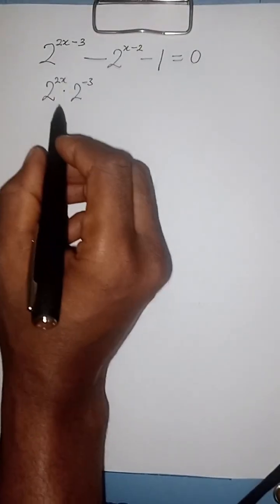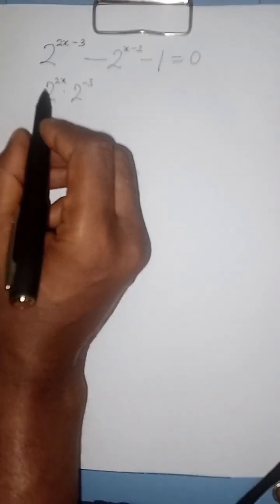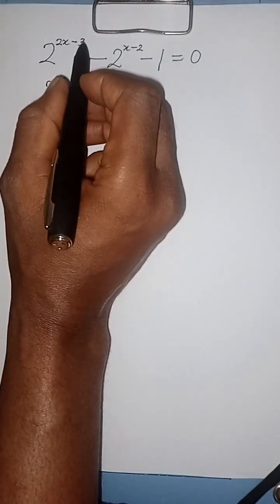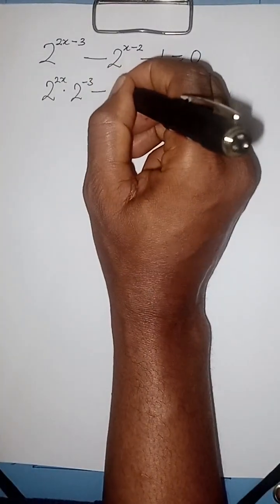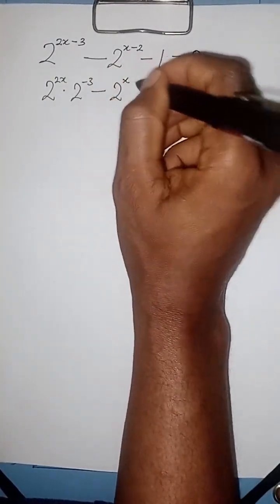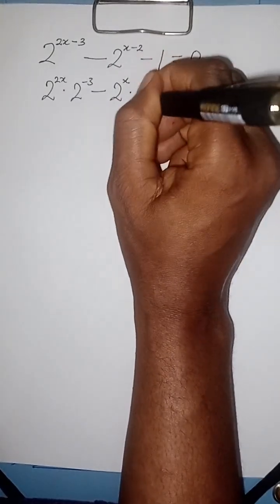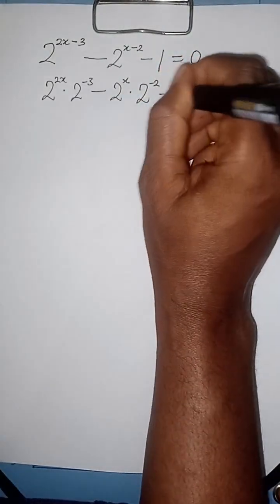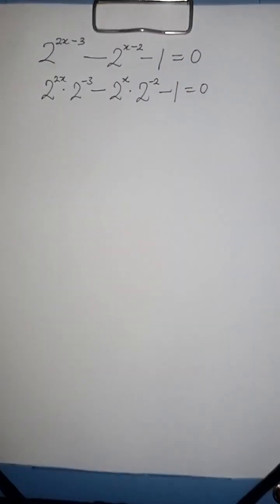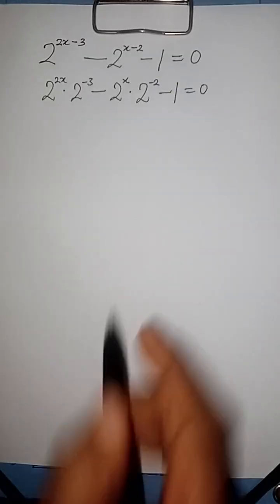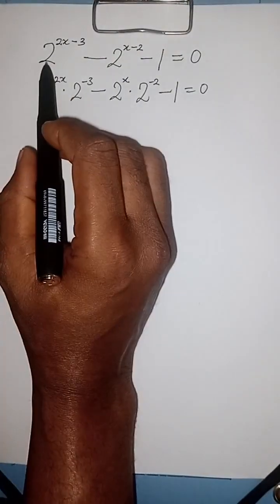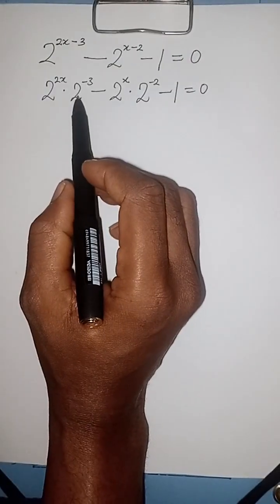That's the law of indices. The law of indices brought these together to give you this: 2 raised to the power 2x multiplied by 2 raised to the power minus 3, minus 2 raised to the power x multiplied by 2 raised to the power minus 2, minus 1 equal to 0. So I have succeeded in separating them using the law of indices.